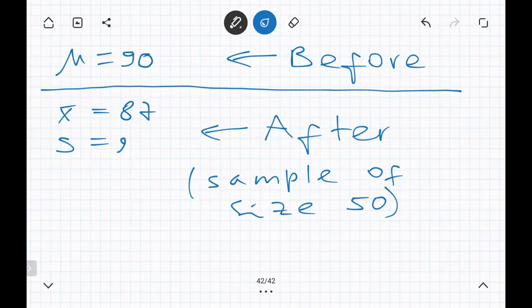So maybe that difference is just a sampling error. Maybe I just chose the sample from the lower end of the distribution, and that's why I got a lower average. And now I want to know for sure, did the average grade change, or is it just a sampling error?